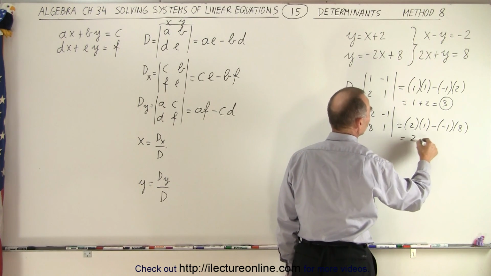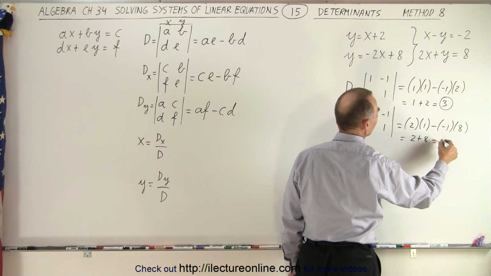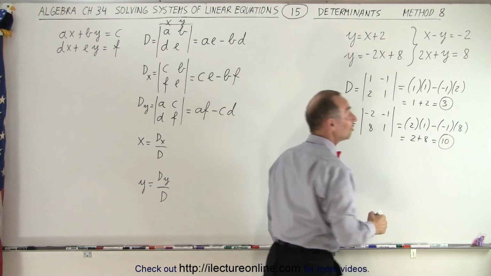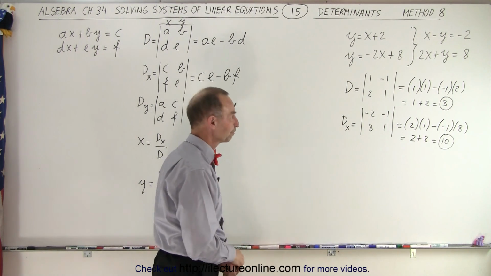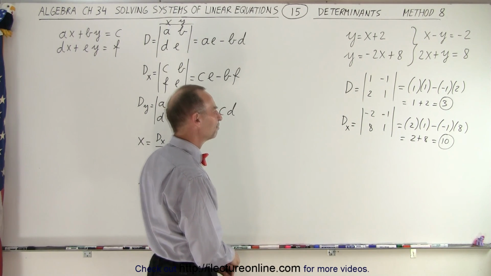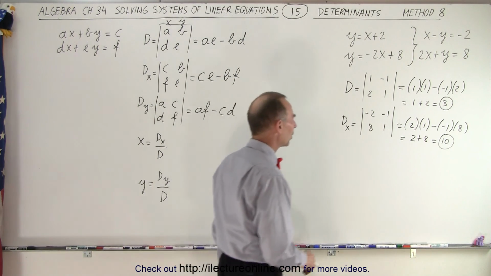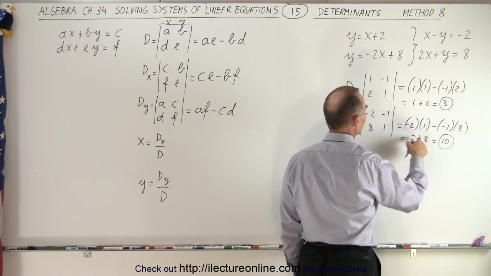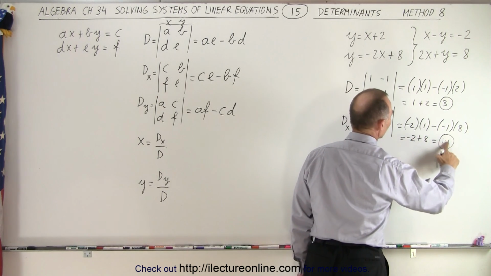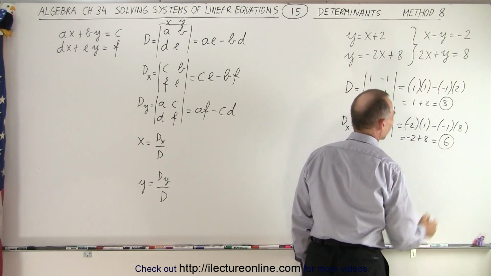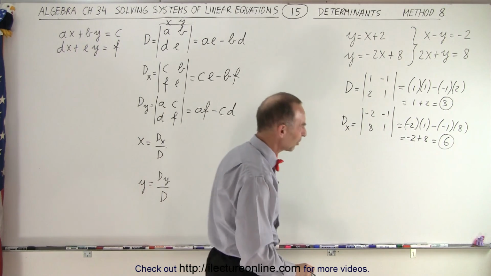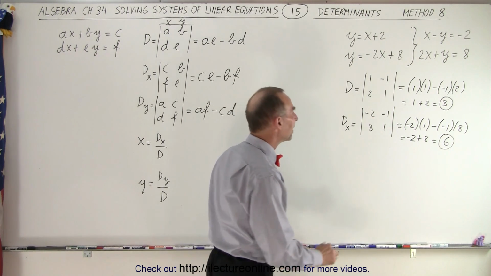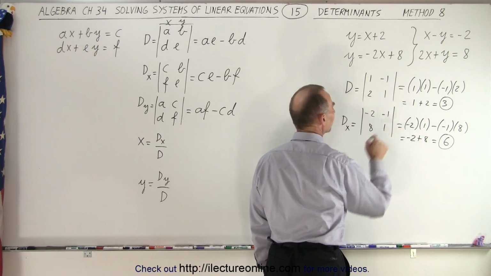So this is equal to 2 plus 8, which is equal to 10. So notice D sub x is another number. Is that correct? No, something is wrong here. This is a -2 times 1, so this is -2 plus 8, which is a 6. 10 seemed like a strange number, so I figured something was wrong, and yes, I simply forgot the -2 there.